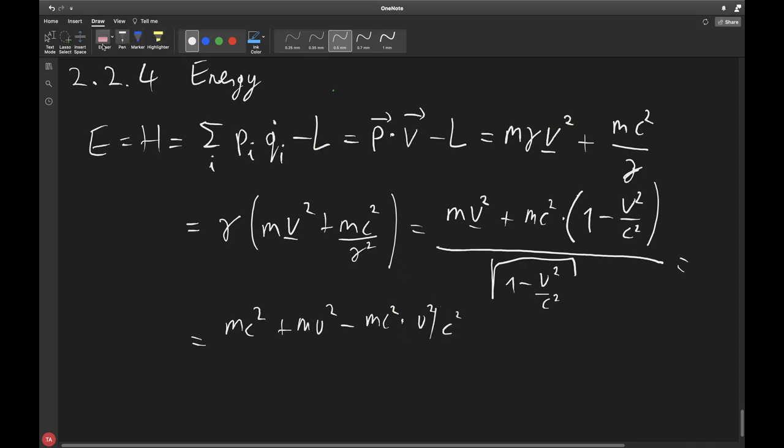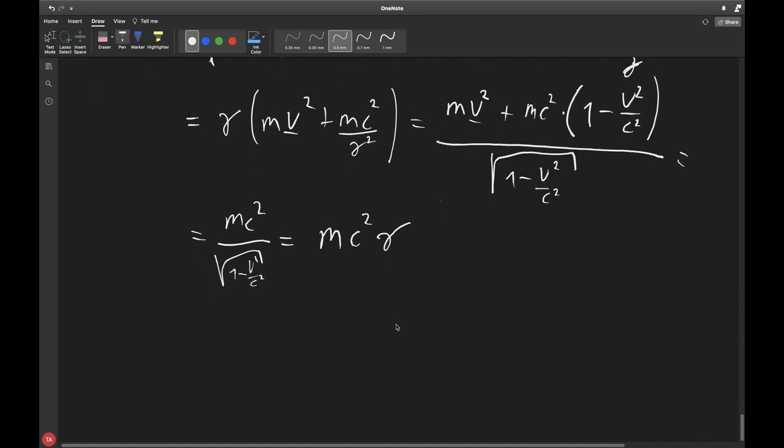So those c squareds are cancelling each other. And then there is one more thing: we have now mv squared minus mv squared plus these terms, which are also cancelling each other. And what is left in the numerator is just mc squared, and then we have the square root of 1 minus v squared over c squared here. So going back to the other notation, this is mc squared times the gamma factor.